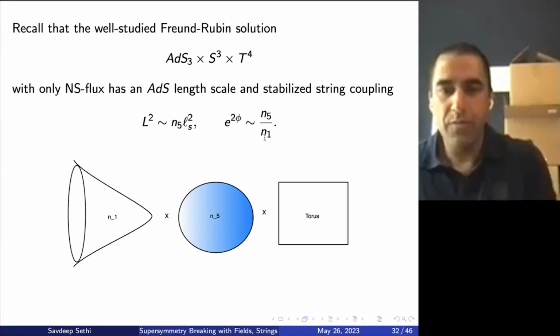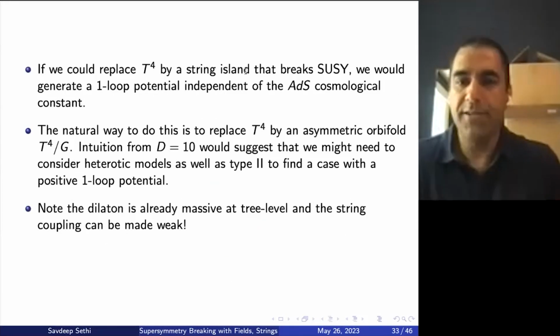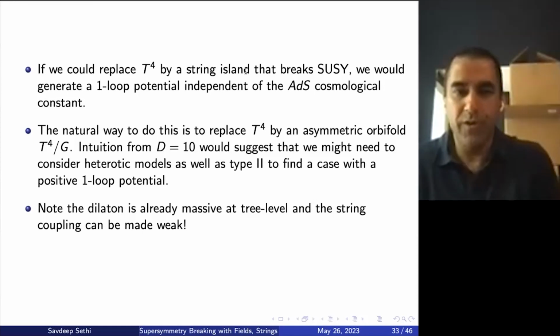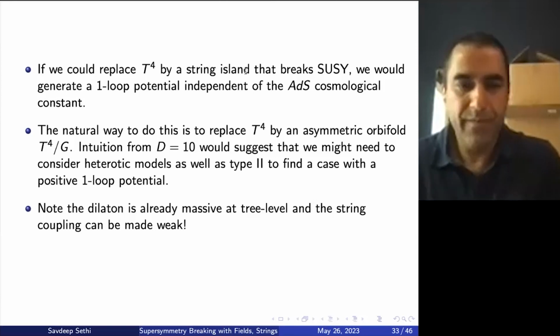Now, this has a lot of moduli still. This 4 torus can be any shape and size. So if we could replace that 4 torus by an island that breaks supersymmetry, we would generate a one-loop potential independent of the AdS cosmological constant. The natural way to try to do this is to look for some asymmetric quotient of T4 that would kill all the moduli.